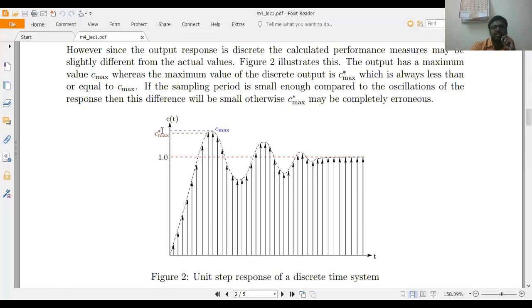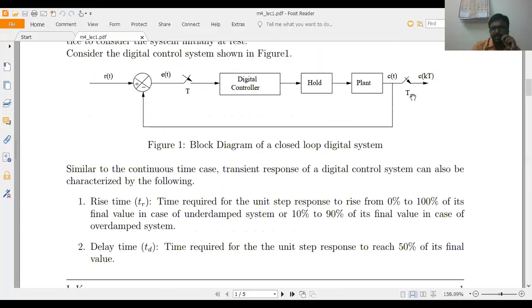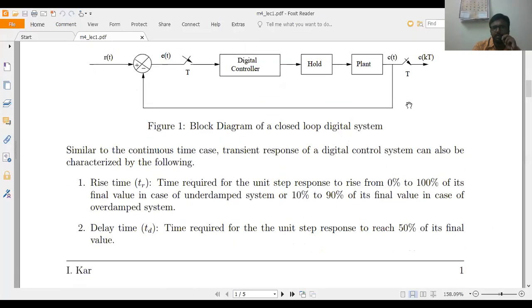This C max conjugate is always less than or equal to C max. While talking about the sampling period, this particular capital T is called the sampling period.